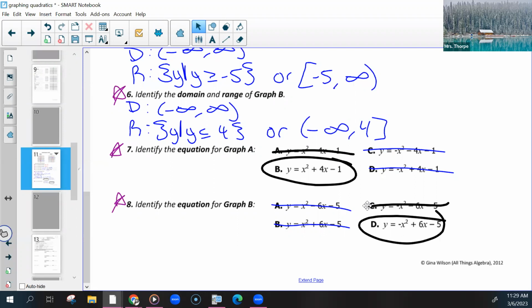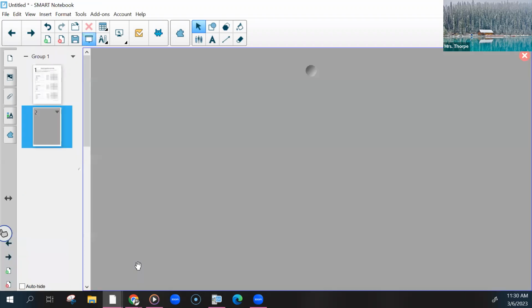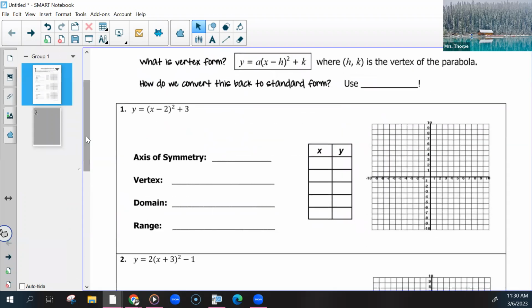So the one Khan Academy that is on graph quadratic in vertex form will be based on this. So what's nice about when it's in vertex form is that there's less work for you to do because it really gives you the vertex if you know how to find it.